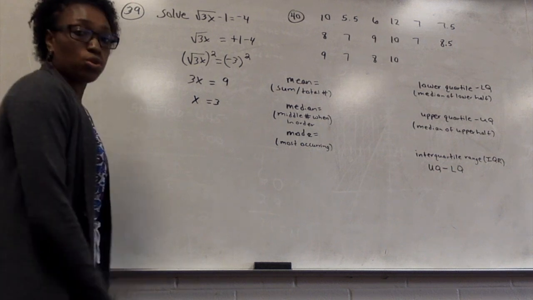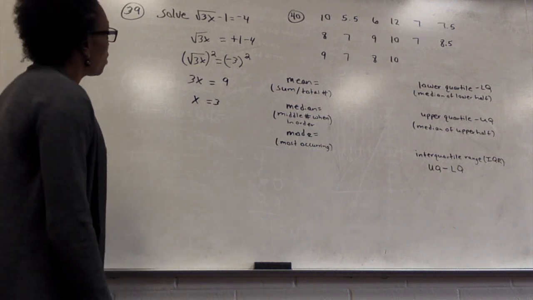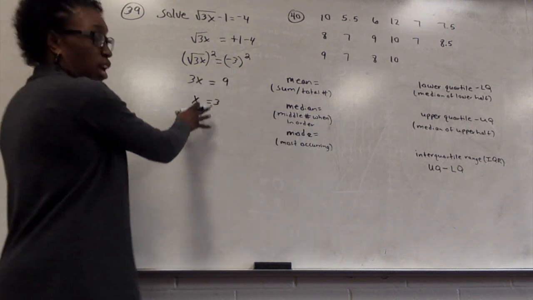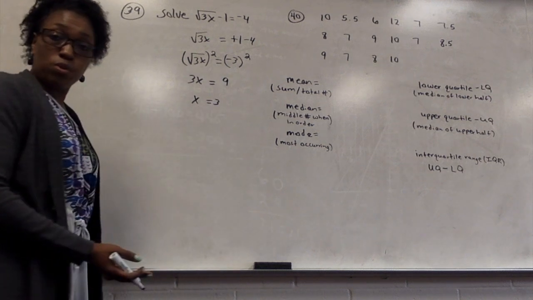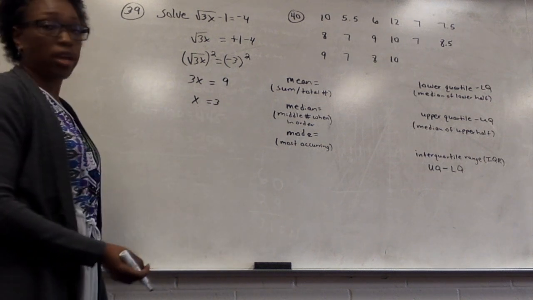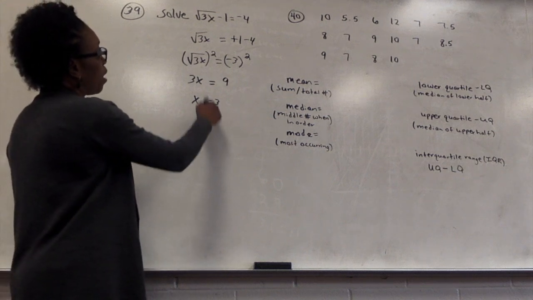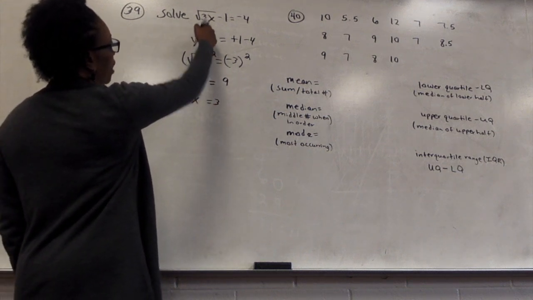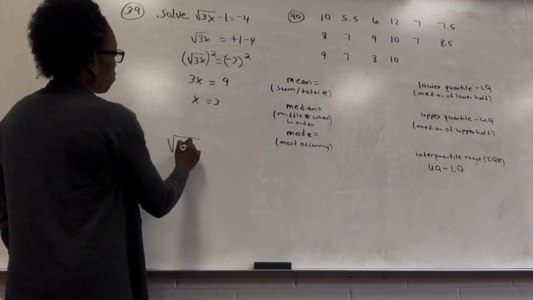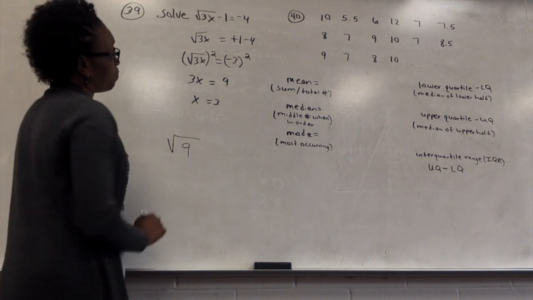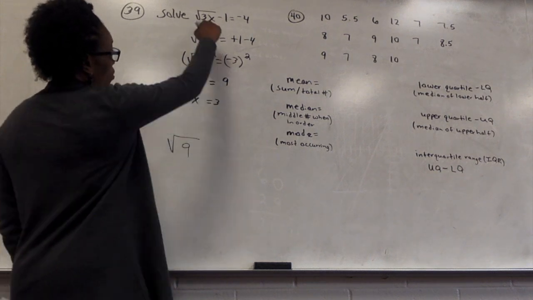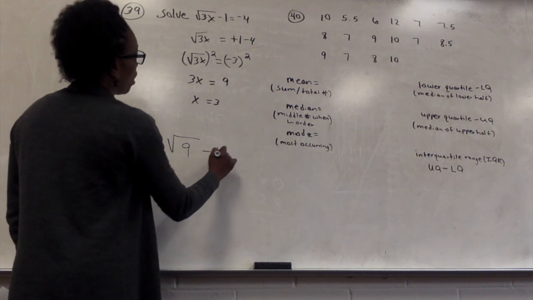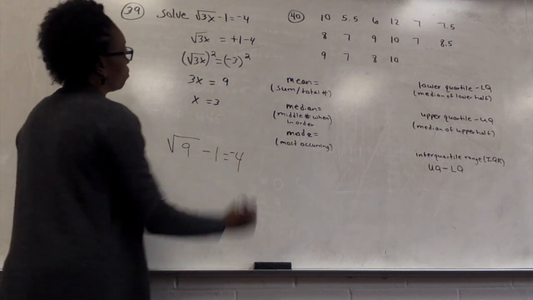Now this is a solution, and if you want to go back and check this problem, like normally we would, check our answers to make sure we're getting them correct. If I go back and plug in my 3 here, I'm going to get 3 times 3 is 9. So the square root of 9 minus 1 is equal to -4.